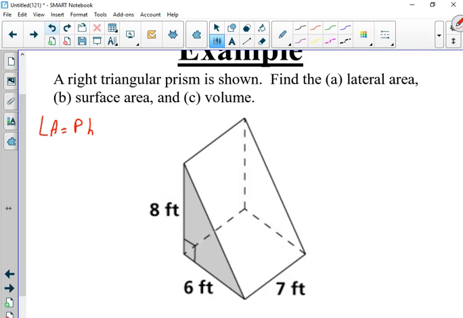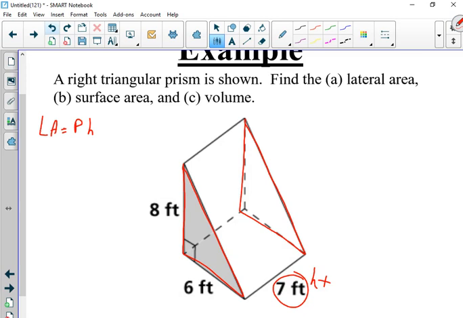Remember we said that the height, this is a very tough part, the height is the distance between the two bases. So if it helps you, there's one base, there's another base, the two congruent triangles. Does 8 connect those two? Does 6? No. 7 is our height. It's the distance between the two shapes.